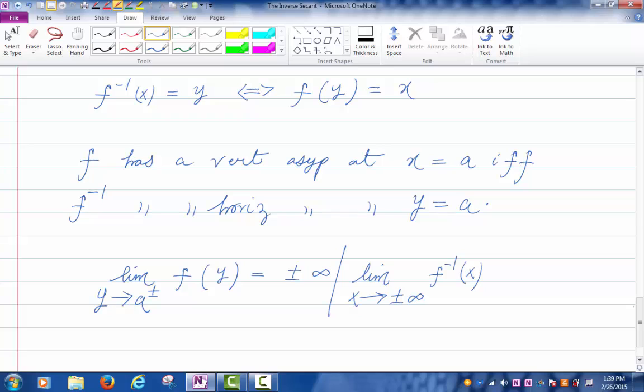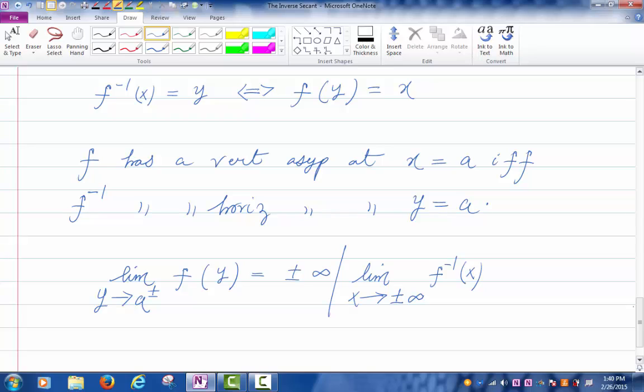Now, the statement that I am making here is that the function f has a vertical asymptote at x equals a if and only if the inverse of f has a horizontal asymptote at y equals a, and vice versa. What do I mean by vice versa?